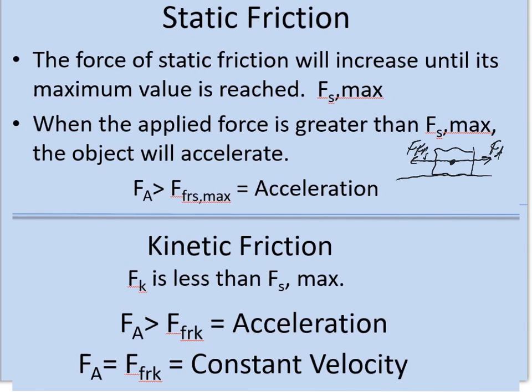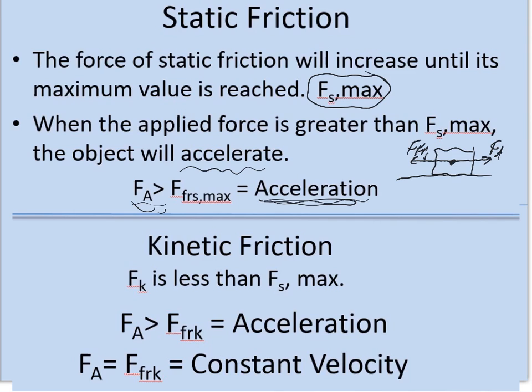The more we push, the more it's going to resist our motion until we reach what's called static friction max. Static friction max is the point at which if you go past that, the object will start moving. In other words, it will accelerate. So for the acceleration to occur, the applied force has to be greater than the static friction force max.